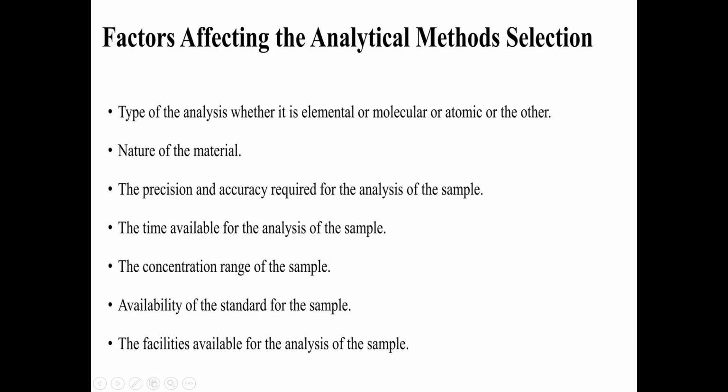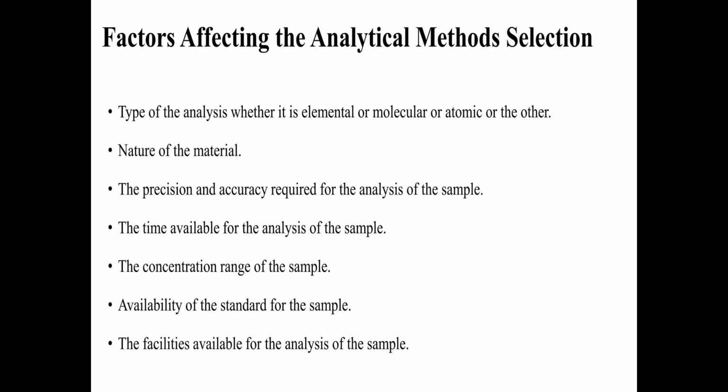Now some basic factors will affect the determination, or the methods we use for the determination of the compound, whether we are using a classical method or a subtype of the instrumental method. What are those factors which will hamper the substance determination?